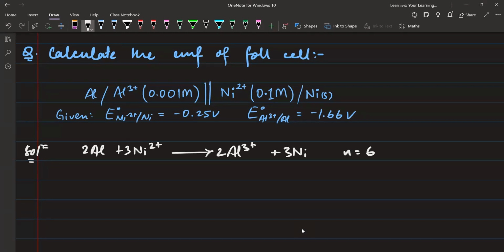Yes, sir. नहीं balance. इतना किया आपने सही? Number of electron is 6.